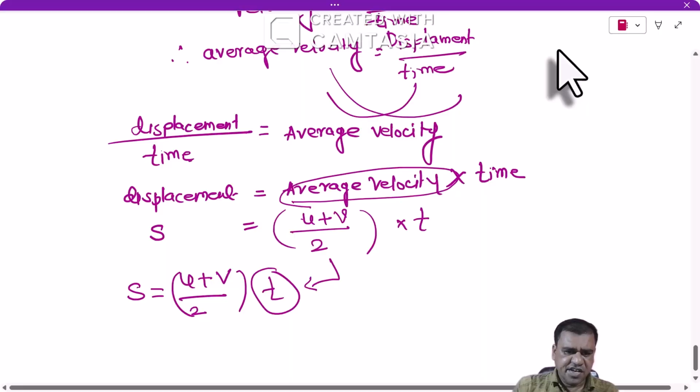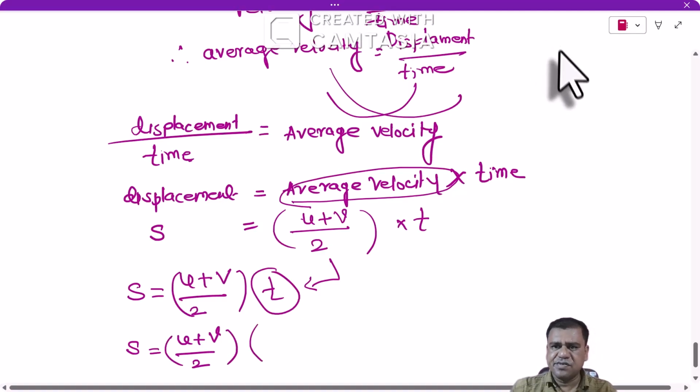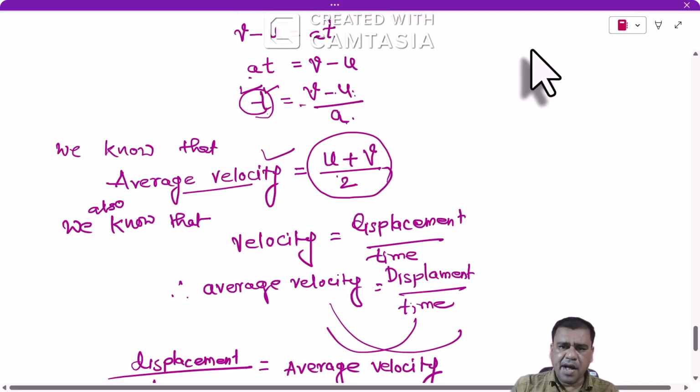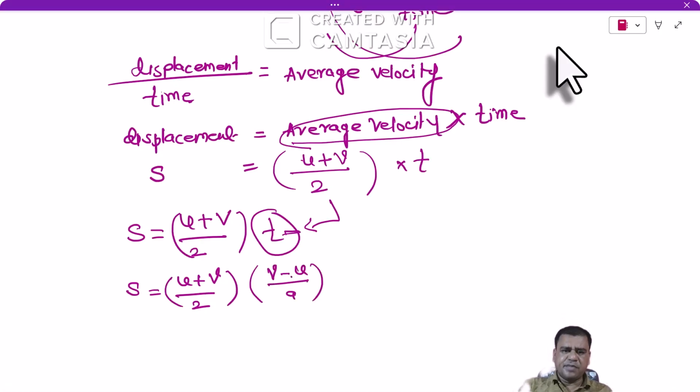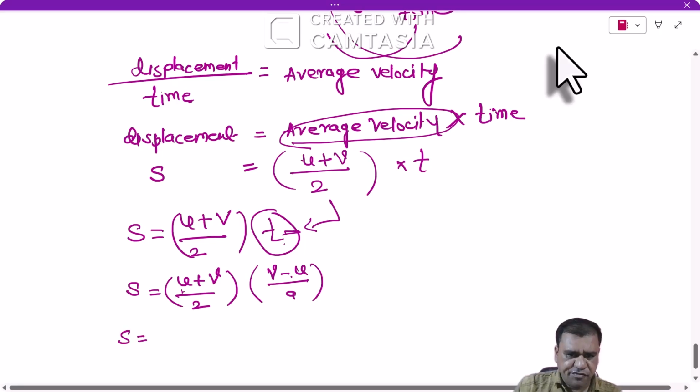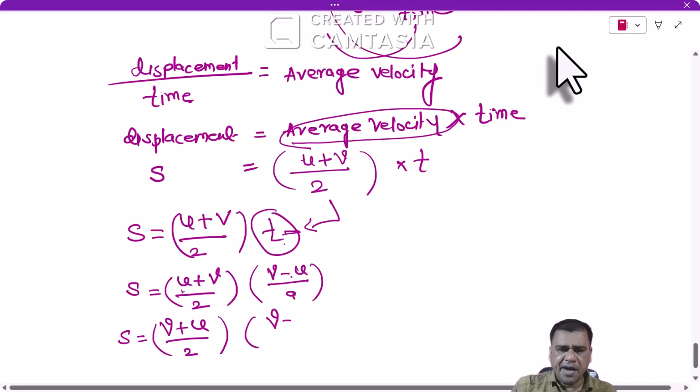Now we get s is equal to (u plus v) divided by 2, and the value of t, that is (v minus u) by a. Put this value of t here instead of t, that is (v minus u) divided by a. This is nothing but the value of t. Now s can be written as, u plus v, we can write it as v plus u, divided by 2. Now here (v minus u) by a as it is.